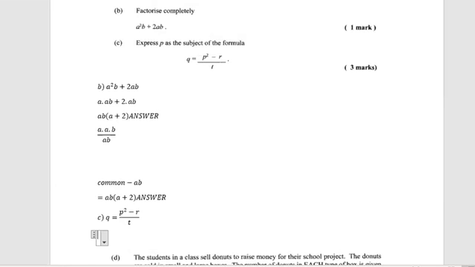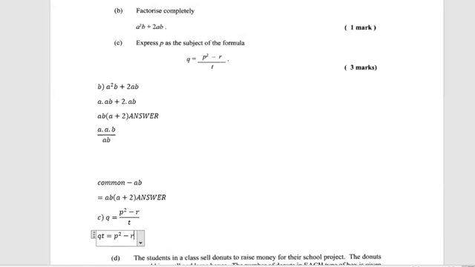So there are multiple ways to look at this. My favorite way is just to say I'm moving the t from the right, putting it to the left. It was dividing, so when I bring it across, it will now be multiplying. So what I'll have is q multiplied by t is equal to p squared minus r. Now I'm going to move the r.